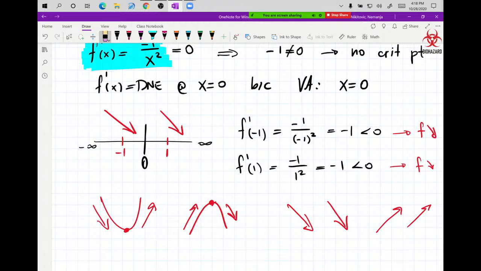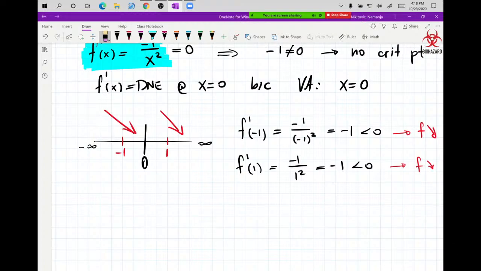So by understanding that, we confirmed that there is no min and max for this function. We confirmed that the function is always decreasing. We confirmed that there is a vertical asymptote at 0 because the function was not differentiable at 0. So we literally confirmed everything we knew from a pre-calculus course, everything we knew about 1 over x.